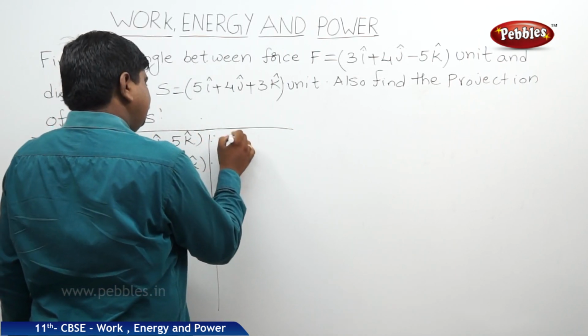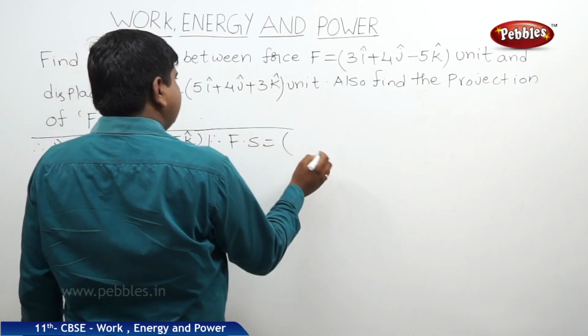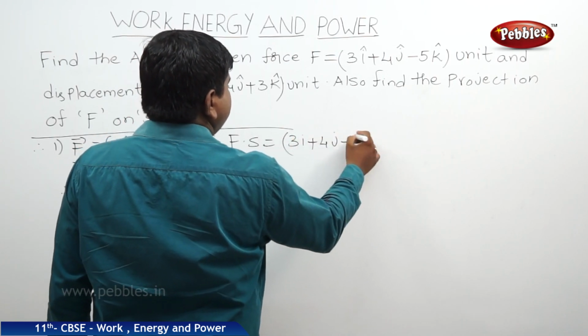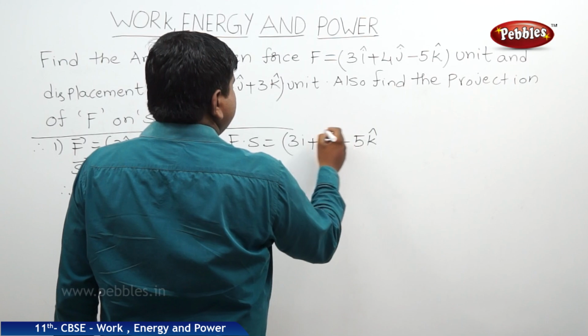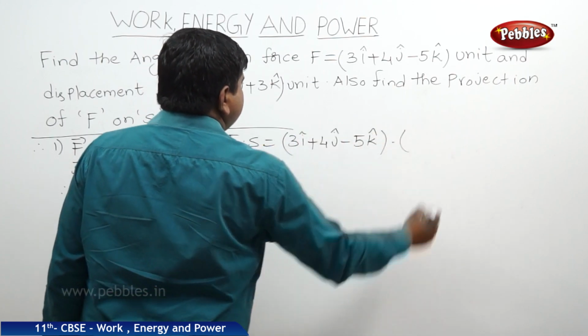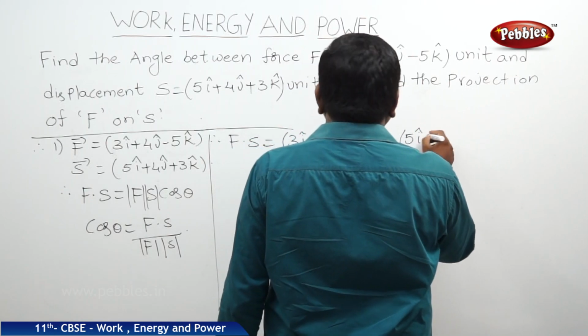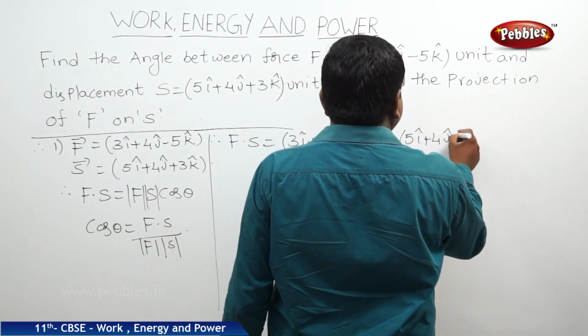Therefore F dot S is equal to 3I plus 4J minus 5K dot 5I plus 4J plus 3K.